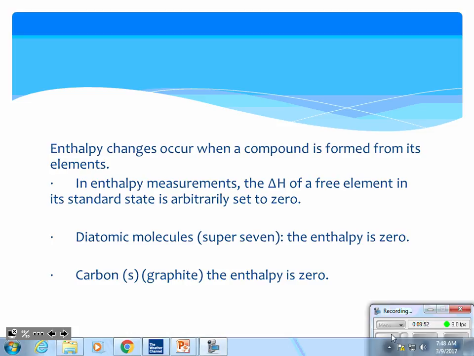Cesium as a liquid, 2.09. Cesium as a gas, 76.50. So we do not always have it arbitrarily set to 0, but most free elements are set at 0.